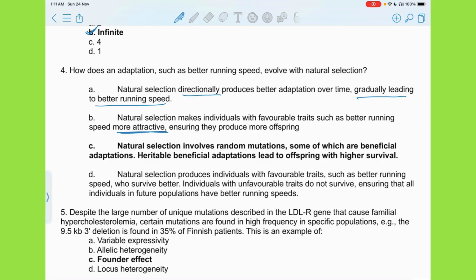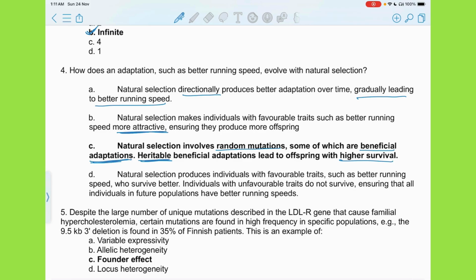So we have the key words here, such as random mutations, beneficial adaptations, and heritable character leading to the highest survival. In any case, there will be some options which are more favorable, but we need to check the keywords given in a suitable answer, the one suiting our approach better.